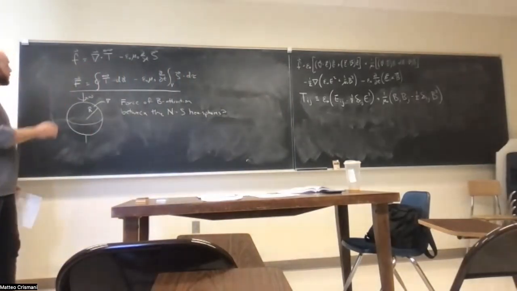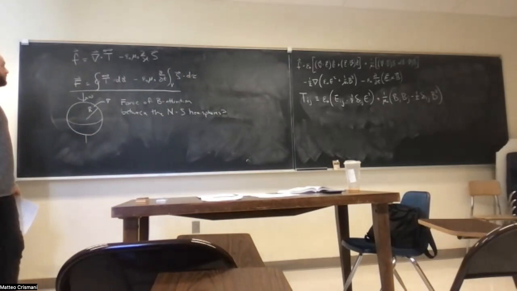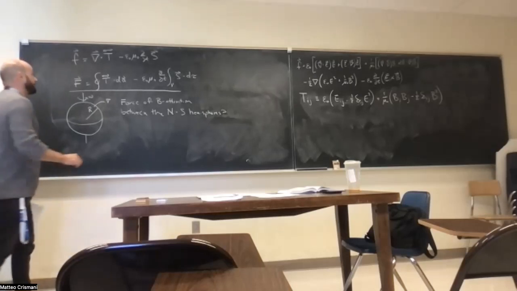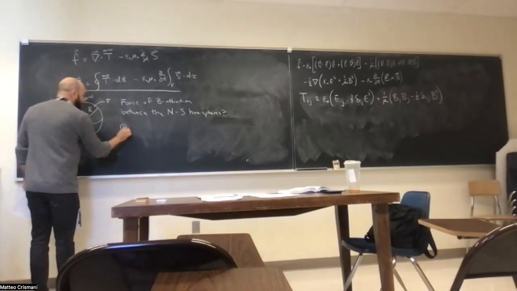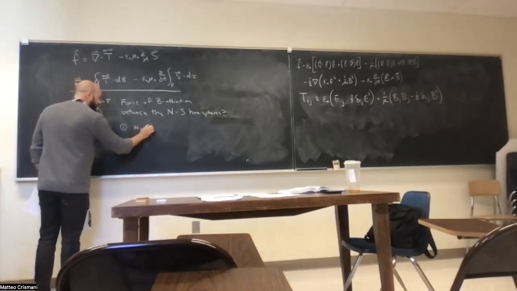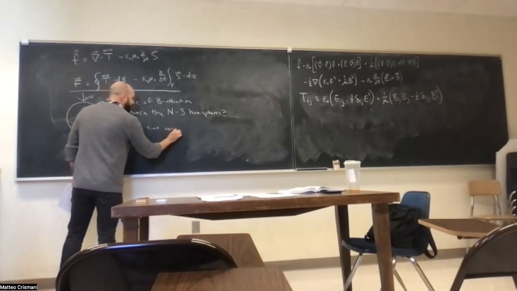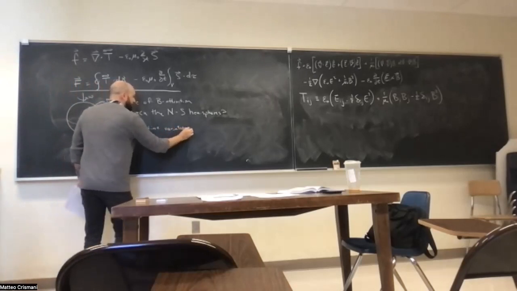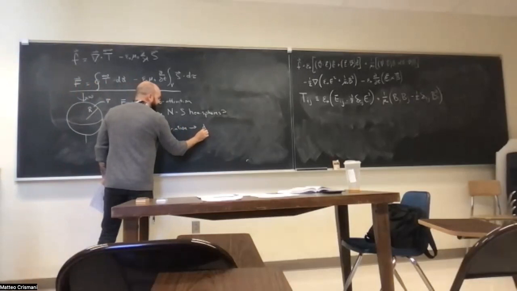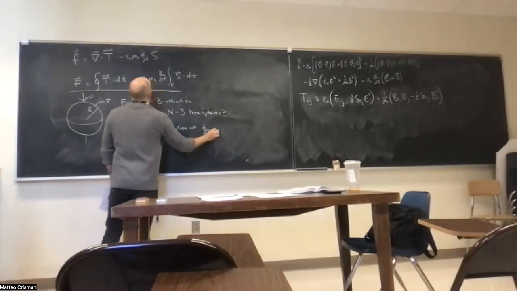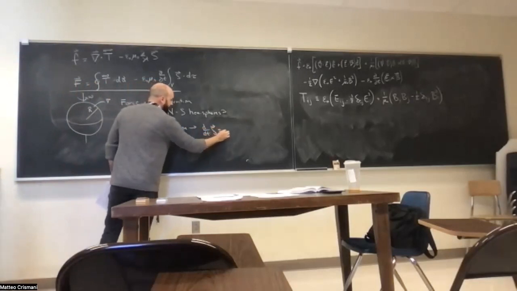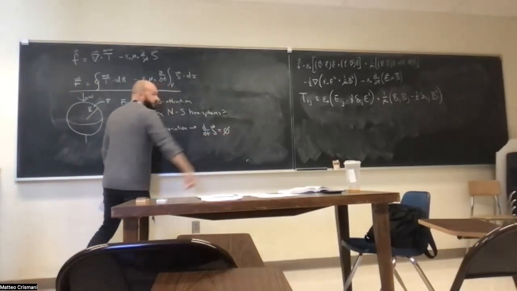Okay, so generally speaking, what will we need here? You would have looked at this problem, you would have said the force of attraction between the northern and southern hemispheres. So the first thing you did is you said, well, it's not changing in time. So step one, no time variation. So this means that d/dt of S is equal to zero.